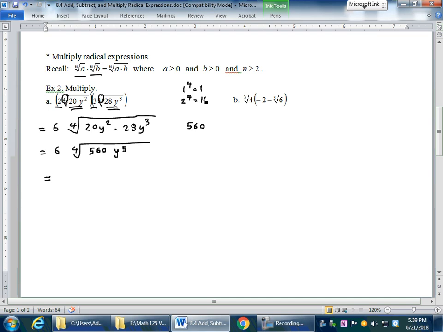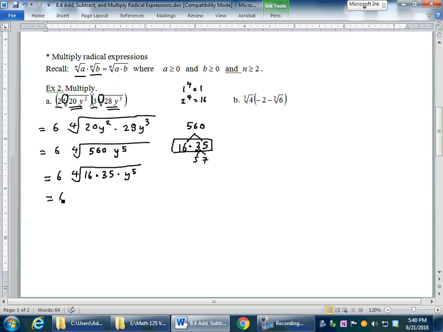So I'm going to divide 560 by 16, which gives us 16 times 35. And clearly 35 has no perfect 4th power factor anymore, because this is only 5 times 7. So therefore, this is a good number to use. So now I can break it down as 4th root of 16 times 35 times y to the 5th power.